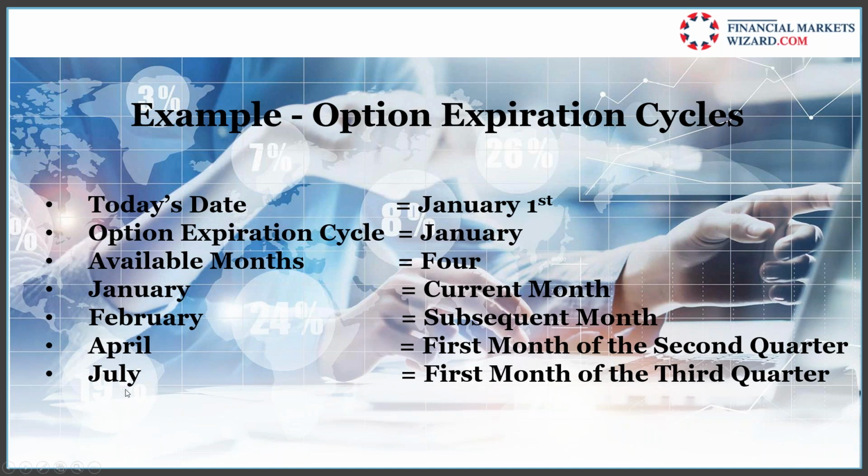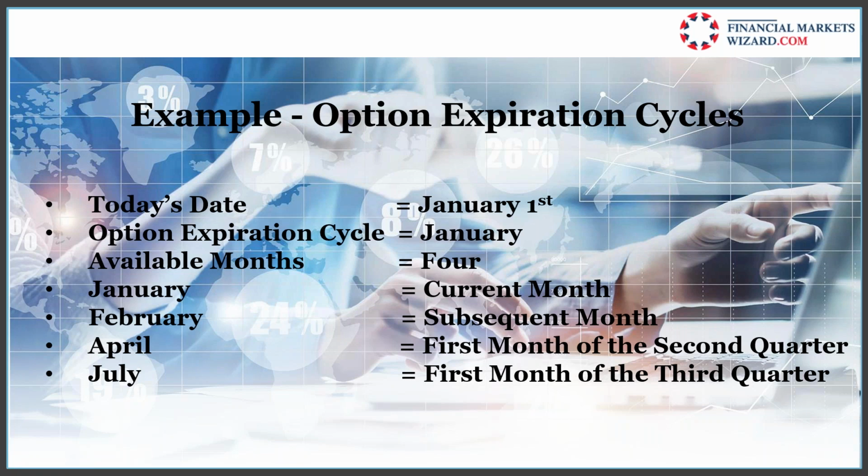We will see April and July. And why will we see April and July? Because the option belongs to the January cycle. January is the first month, so we will see the first month of the second quarter and the first month of the third quarter. We will not see October, November, or December.